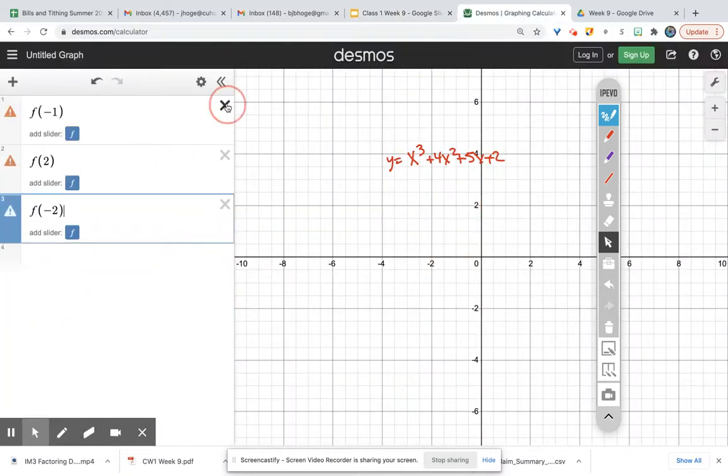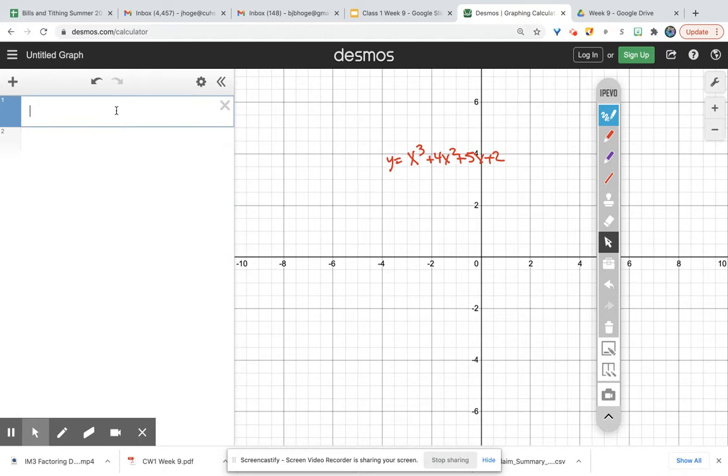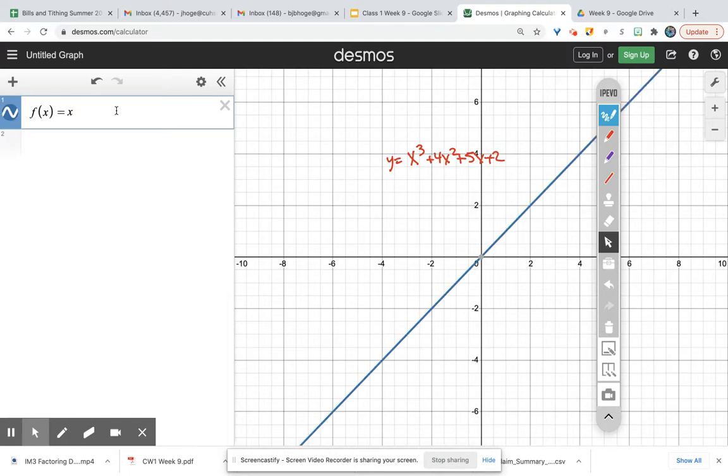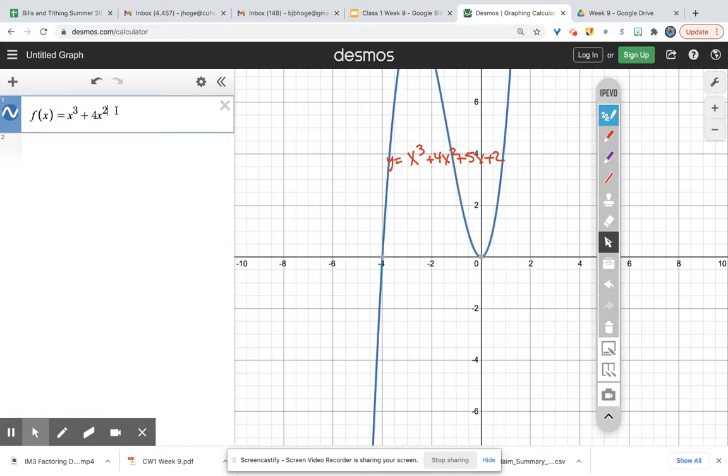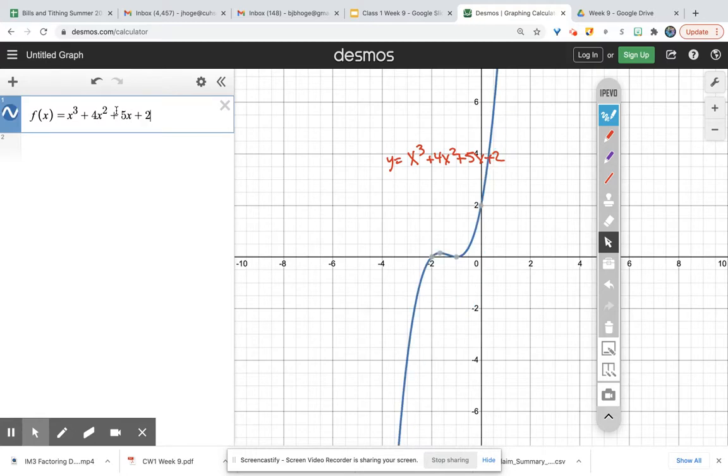So let's get rid of those other ones that we did earlier. And if we plug in, let's do f of x instead of y. F of x equals x to the 3rd plus 4x squared plus 5x plus 2.